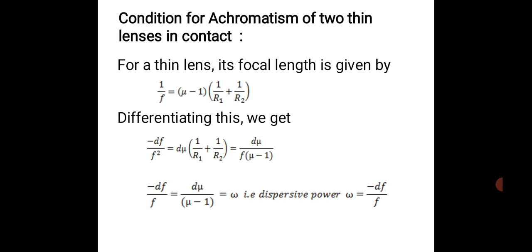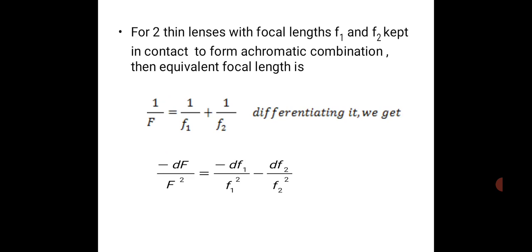In place of (1 by R1 plus 1 by R2) from the above equation, we can replace 1 by f into (mu minus 1) into d mu. Therefore, the equation becomes minus df by f equal to d mu by (mu minus 1) equal to omega, which is the dispersive power: omega equal to minus df by f.